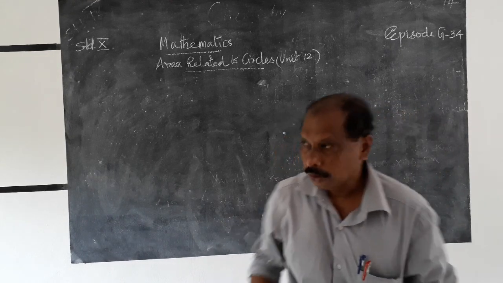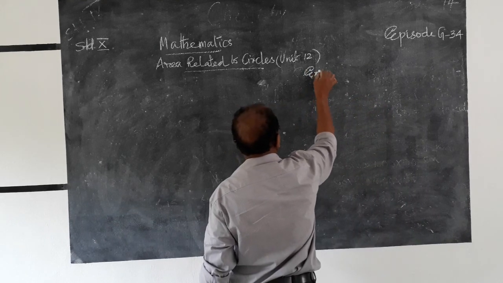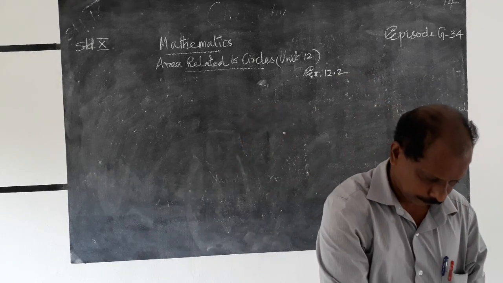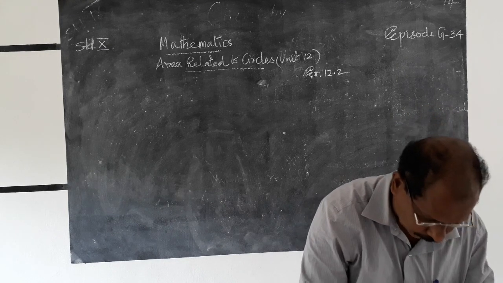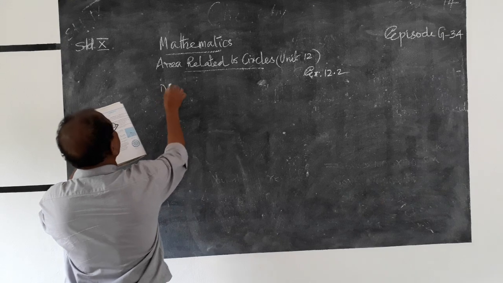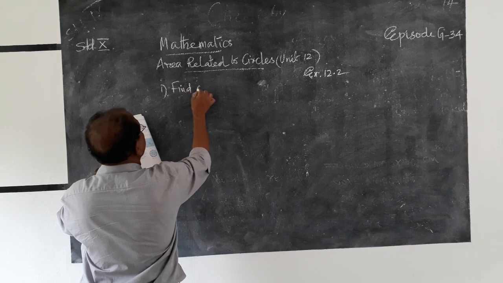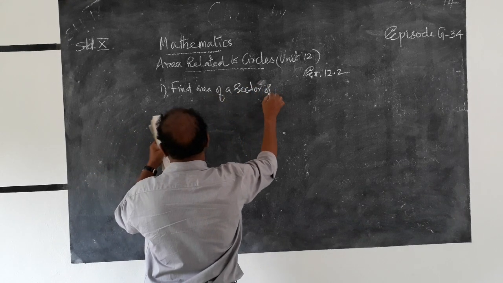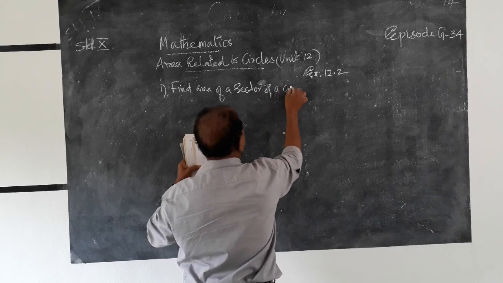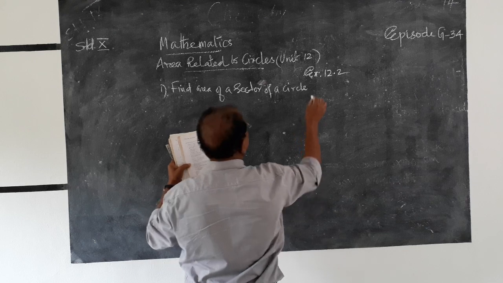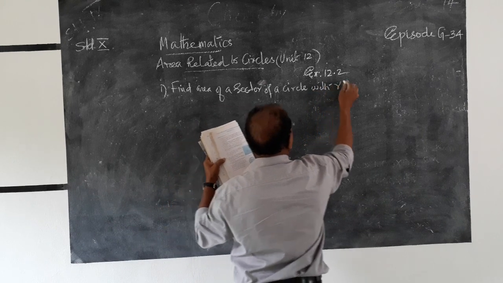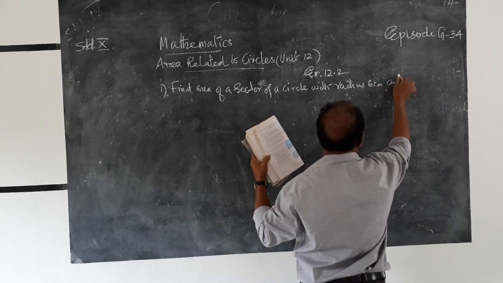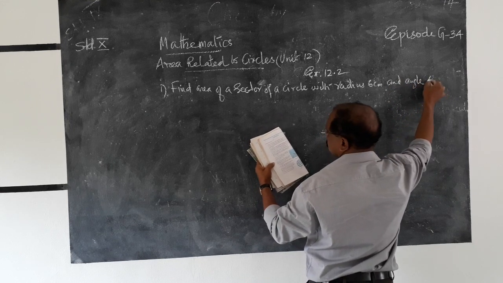Then exercise 12.2. First question is: find area of a sector of a circle with radius 6 centimeter and angle 60 degree.